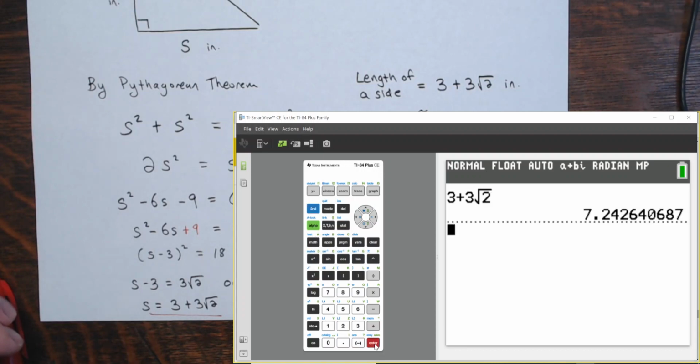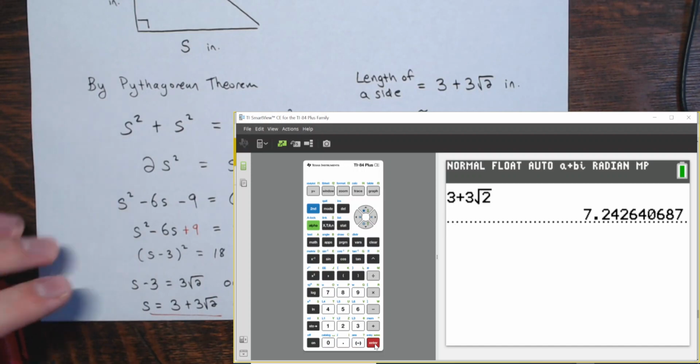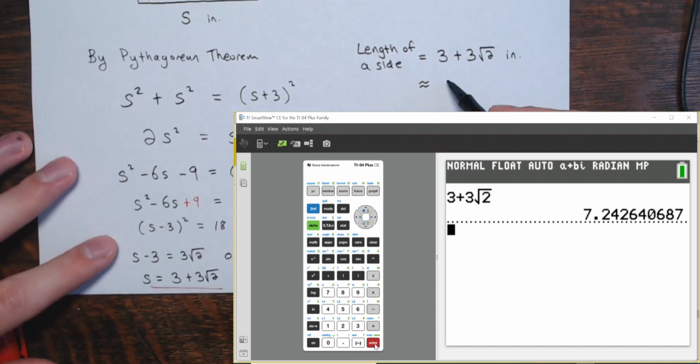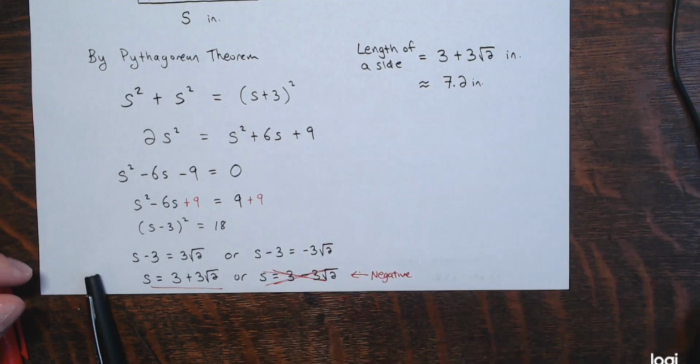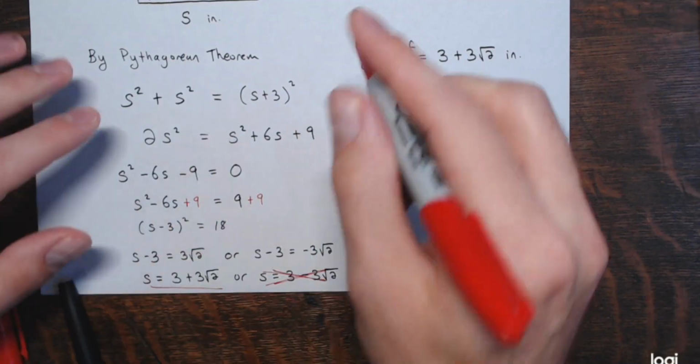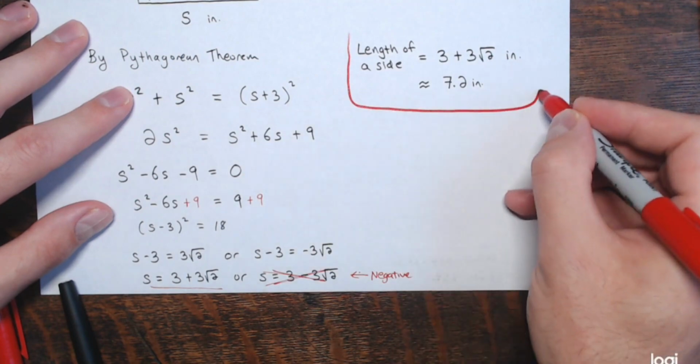And rounding to the nearest tenth, this would be approximately 7.2. So approximately 7.2 inches. And there you go. I'll box that in. Great.